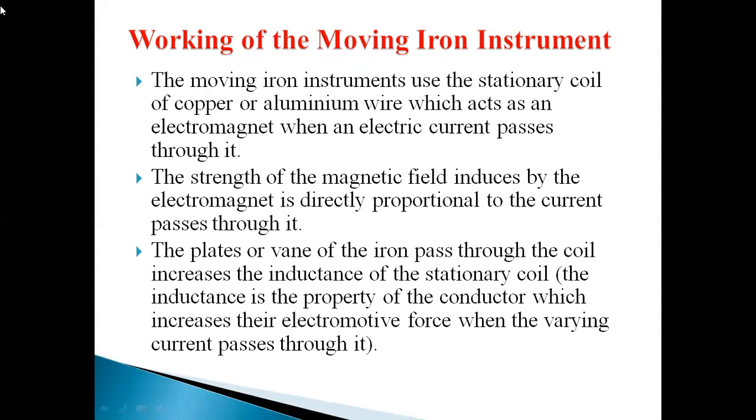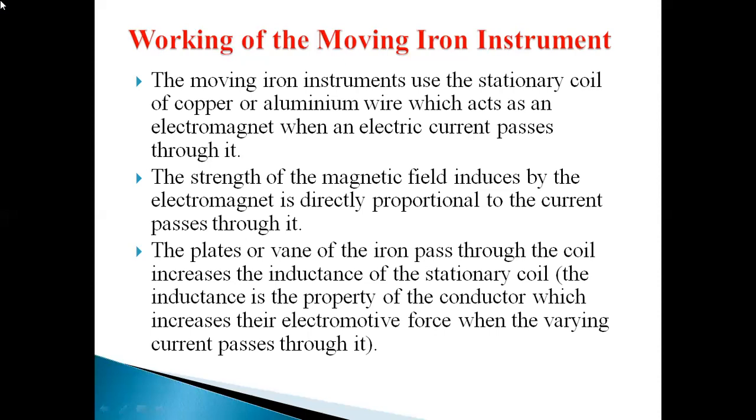For both types of these instruments, the necessary magnetic field is produced by the ampere turns of a current carrying coil. So let me tell the working principle which is involved in the moving iron instrument.